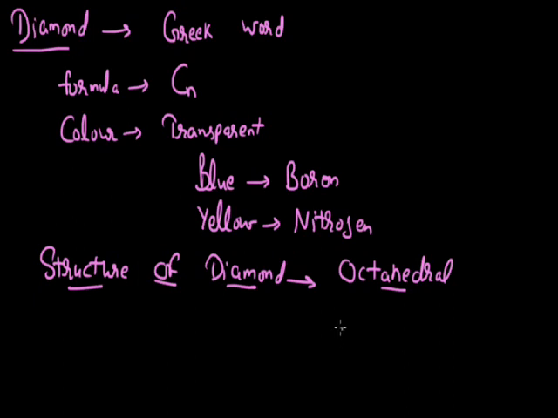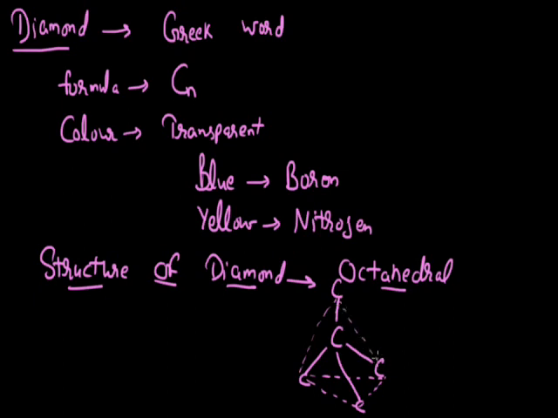If we take one carbon atom in the plane, then the next carbon atom is attached above the plane, and the remaining 3 carbon atoms are placed below the plane. If we connect these carbon atoms with each other, they form a tetrahedron.